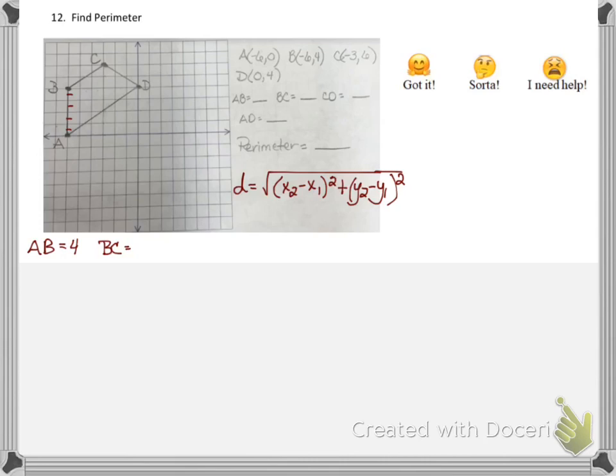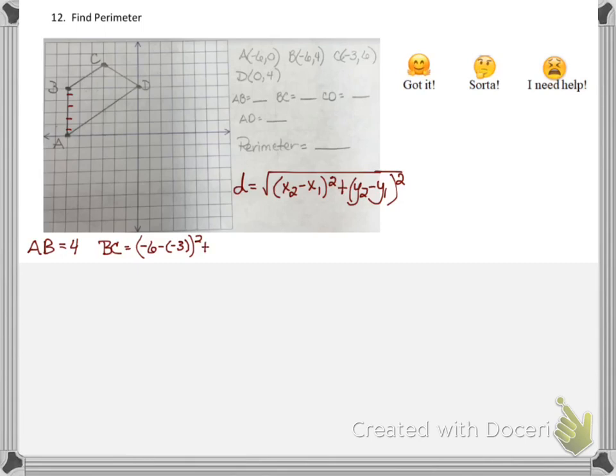So if we were to look at BC, it would be the x's, so negative 6 minus negative 3. We end up squaring that. These are the x's.